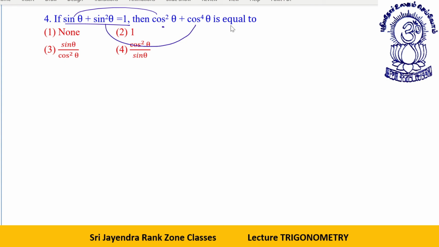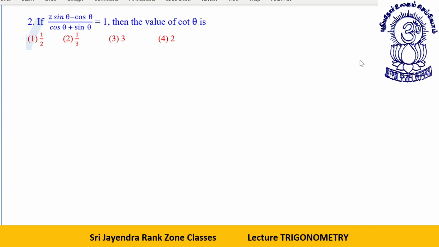This power doubled. This will automatically be 1. Why? Because this you can write as sine theta. This you can write as sine square theta. This will come over here again and it will be 1. Okay. Getting it? Next one.